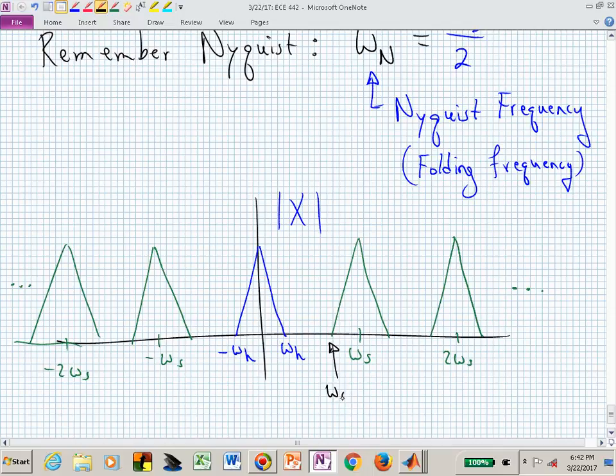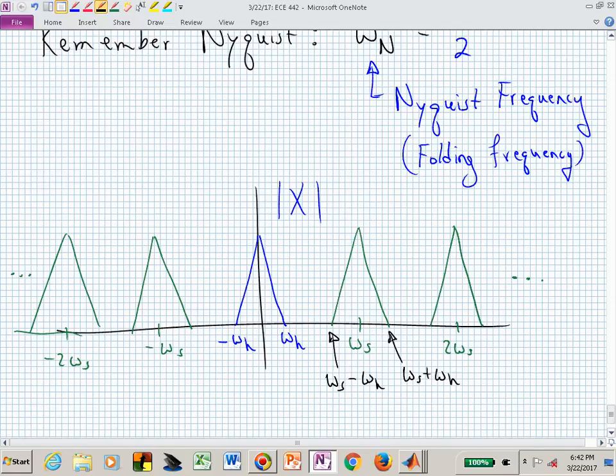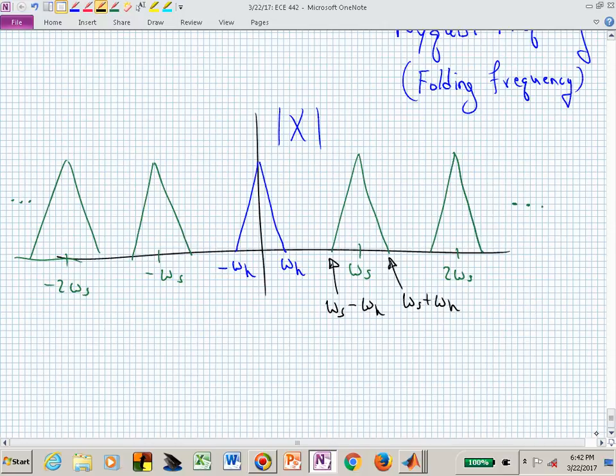That should be omega sub s minus omega sub h, right? I've just shifted that blue over by omega sub s, and so now the leftmost side of that first green triangle is omega sub s minus omega sub h. This frequency would be omega sub s plus omega sub h. That h is for a highest frequency.